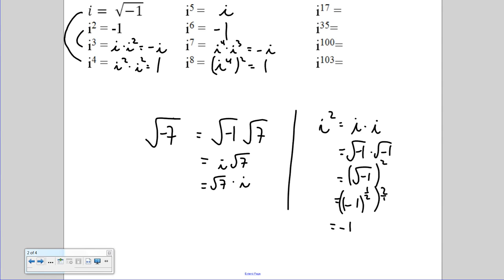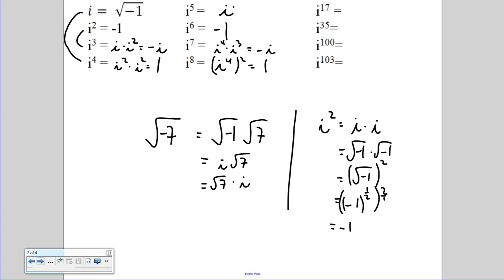At this point, we see a pattern emerging every 4 exponents of i. You're going to see that you're going from i to -1 to -i to 1, and then it's going to repeat itself again and again and again.